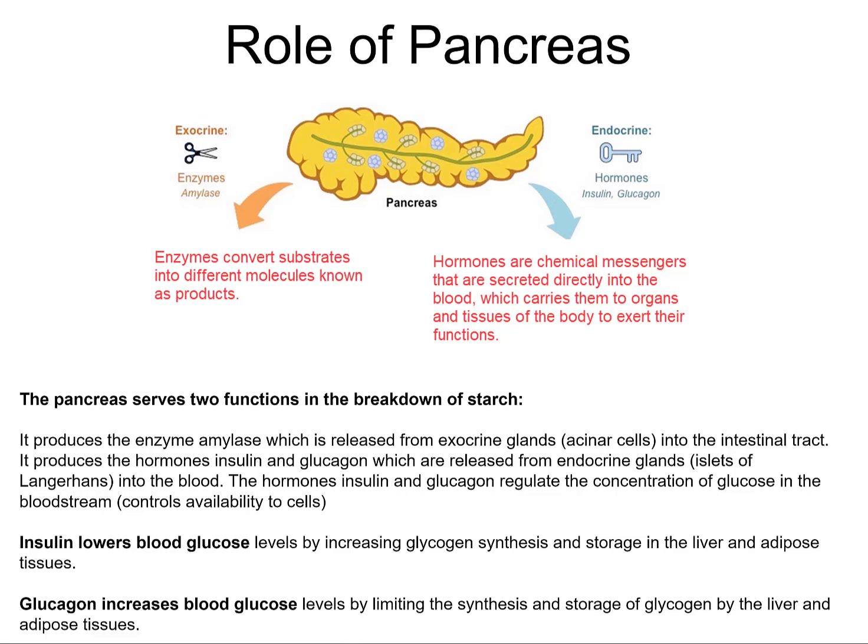The pancreas serves two functions to break it down. Insulin lowers blood glucose levels by increasing glycogen synthesis and storage in the liver. Glucagon increases blood glucose level by limiting the synthesis of glycogen in the tissue. So there are some interesting relationships talking about insulin resistance and diabetes.